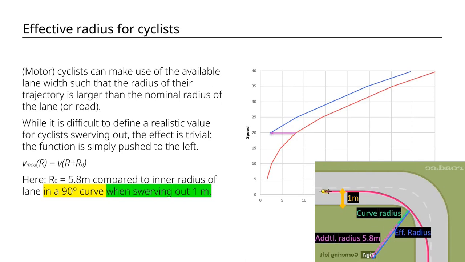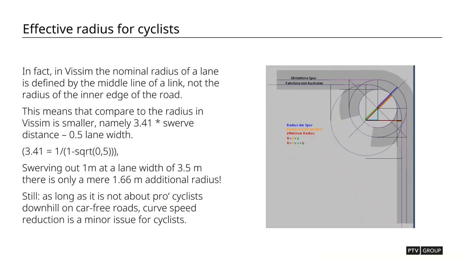But in Vissim, the difference is not so large because the radius is calculated not for the inner radius, but for the middle line. So we have a larger radius than a cyclist who is driving on the right side of the inner lane would go.